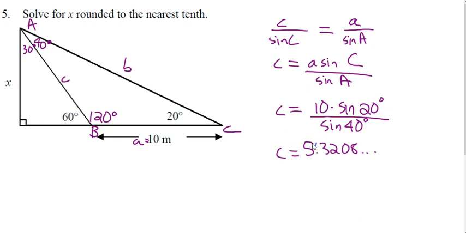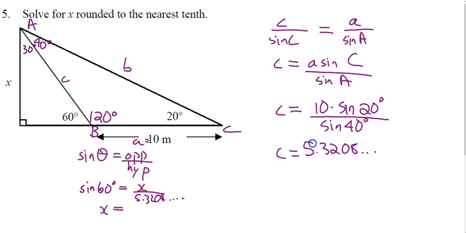And then, what are we going to do? Get x. How are we going to get x? So we're going to start with sine theta is opposite over hypotenuse, right? So sine of 60 degrees is equal to opposite, which is x, over the c, which is 5.3208 dot dot dot.